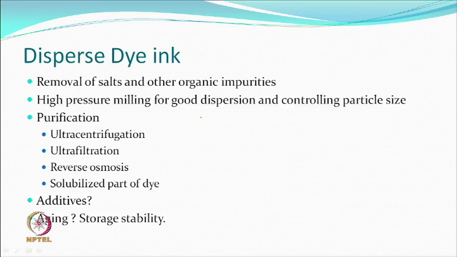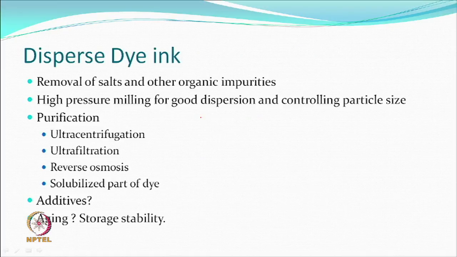So, dispersed dye inks are more pure compared to the ones used for dyeing or printing. Anything like salt and organic impurities must be removed. In normal dyeing, you actually add them before selling. You may be adding certain things, but here you are looking at it being as pure as possible.